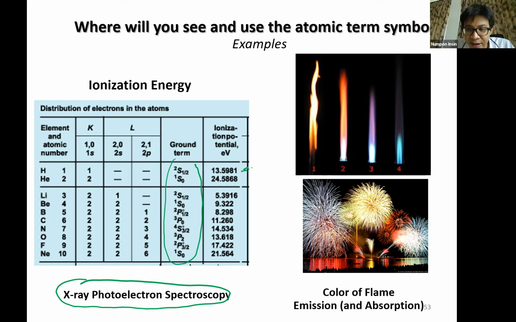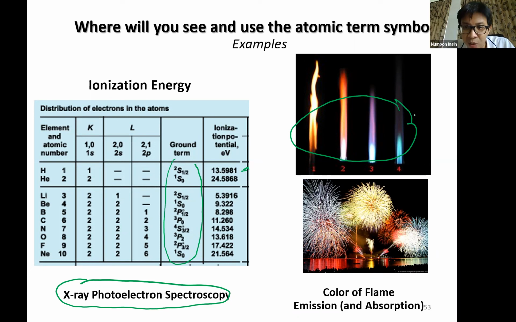Okay, and atom excitation is also involved in natural phenomena, like the color of a burning flame. Why do different atoms give different colors, why do they emit different wavelengths? Because their excited states are different. The energy difference between the ground state and the excited state comes from the relaxation of the excited state to the ground state, right?